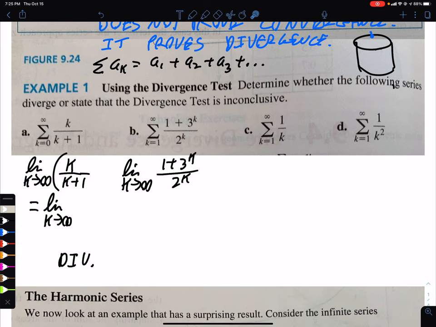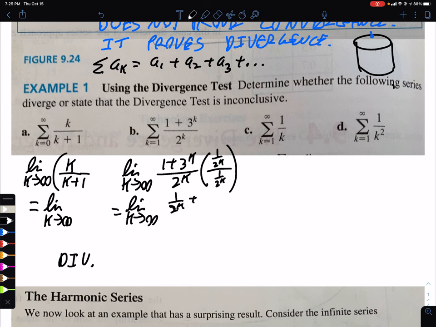We can see what happens with that. Honestly, I'm not even sure where that will get us at this point. Then we would get 1 over 2 to the k plus 3 to the k over 2 to the k, over 1.